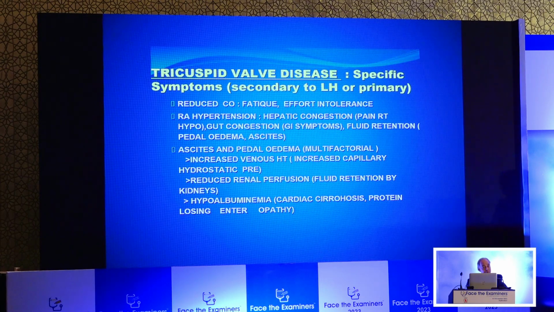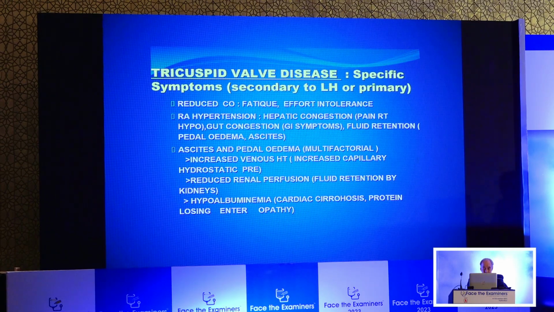There can be reduced cardiac output, and because of that, patients may complain of fatigue and effort intolerance. These patients develop right atrial hypertension, and because of that there can be hepatic congestion, pain in the right hypochondrium, and GI congestion, with symptoms of nausea, vomiting, and loss of weight.